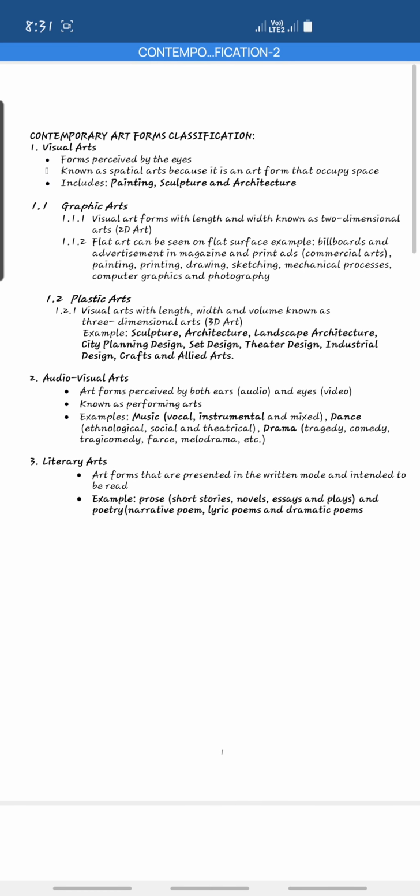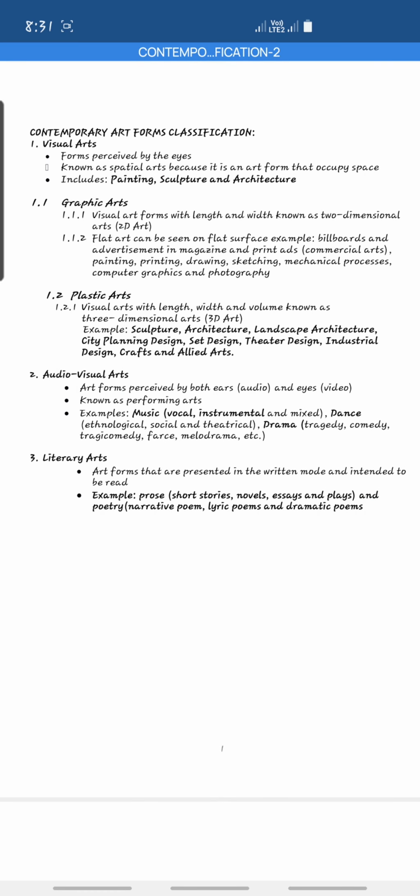Graphic arts are the visual arts that follow some measurement. With regards to the product of the art, there is a certain measurement. Graphic arts follow a length and width, known as two-dimensional art or 2D art.